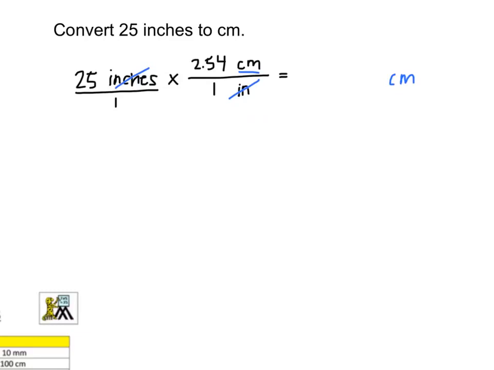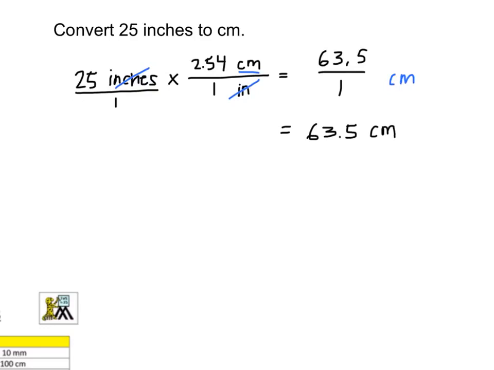That comes out to be 63.5. And then when I multiply the denominators, of course, 1 times 1 is just 1. I can simplify that fraction down. 63.5 over 1 is just 63.5. And my unit is centimeters. So I have solved this problem.